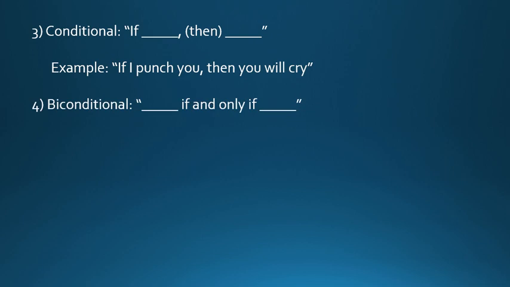And the fourth and final way that we mainly connect these simple statements is with the biconditional statement. We have our two simple statements here, and in the middle we have if and only if. This is a fancier, more mathematical way of basically saying the two things are equal in some kind of sense.